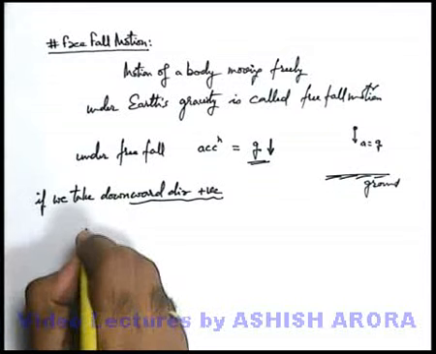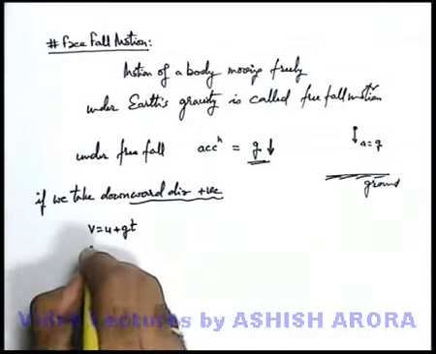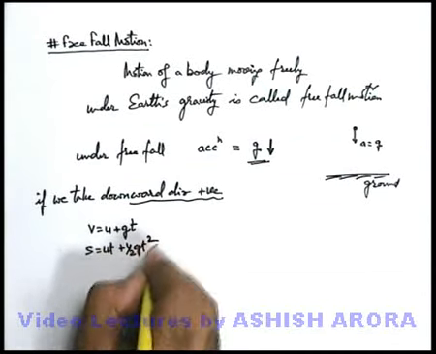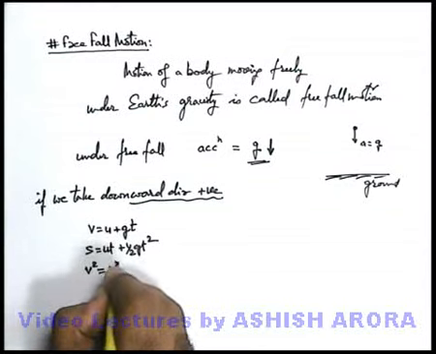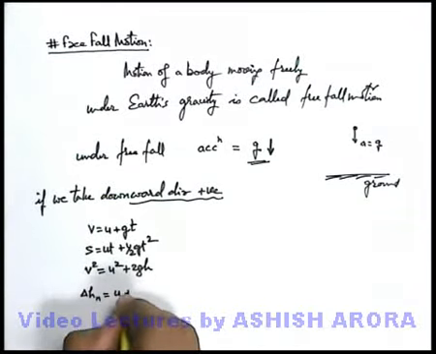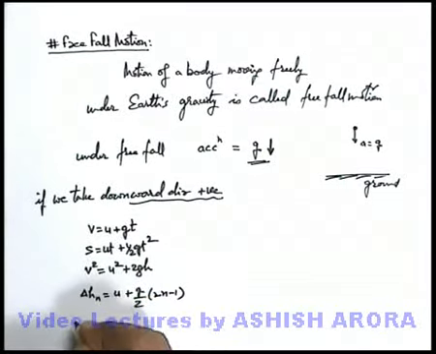So speed equations can be written as v equals u plus gt, s equals ut plus half gt square, v square equals u square plus 2gh, and the distance travelled or height covered in the nth second can be written as u plus g by 2 into 2n minus 1.